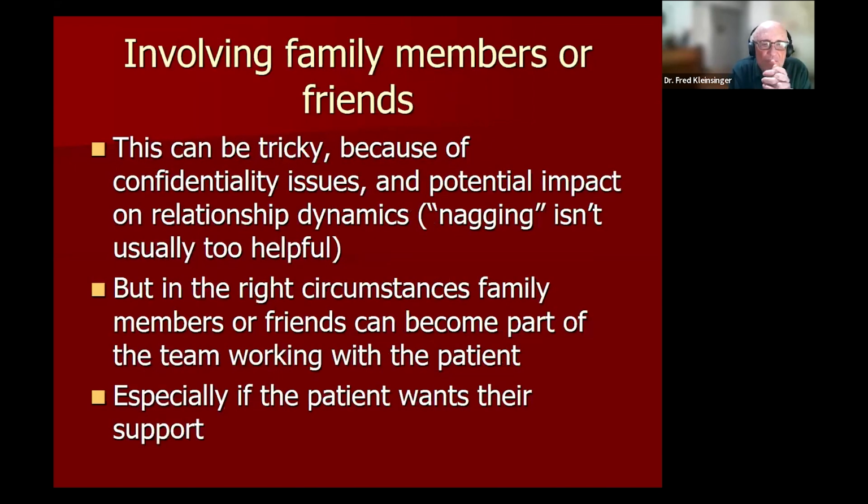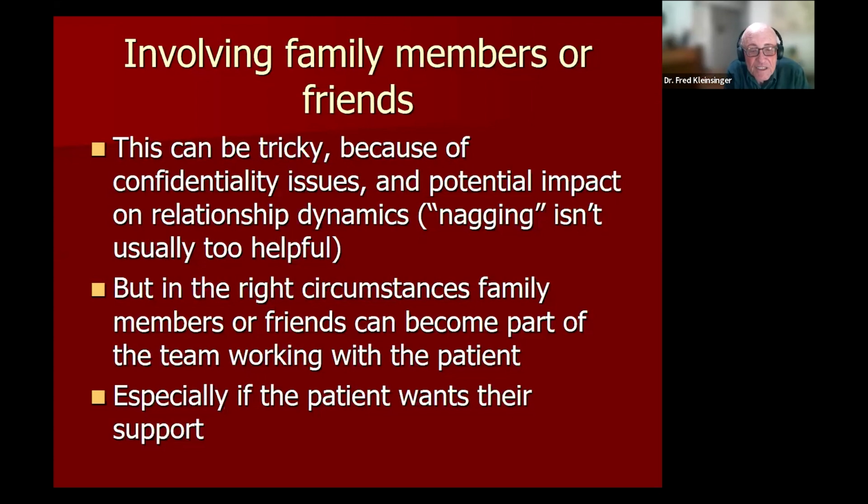Involving family members or friends, and again, this doesn't always work. Nagging is often counterproductive if it interferes with relations, but if the patient, say, has a significant other, or it's a parent and they come with their grown child and they're getting along well, you can ask, can you help each other with this? Sometimes that works well, but the person who's going to be giving advice has to be encouraged to just raise it in a non-adversarial, non-nagging manner.